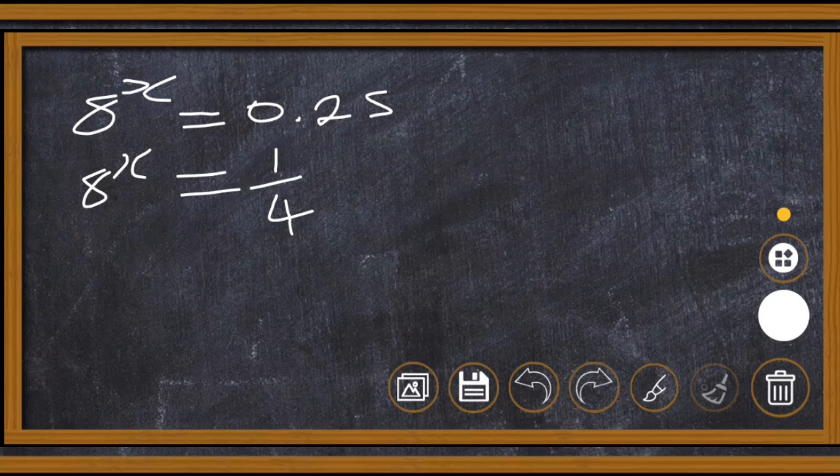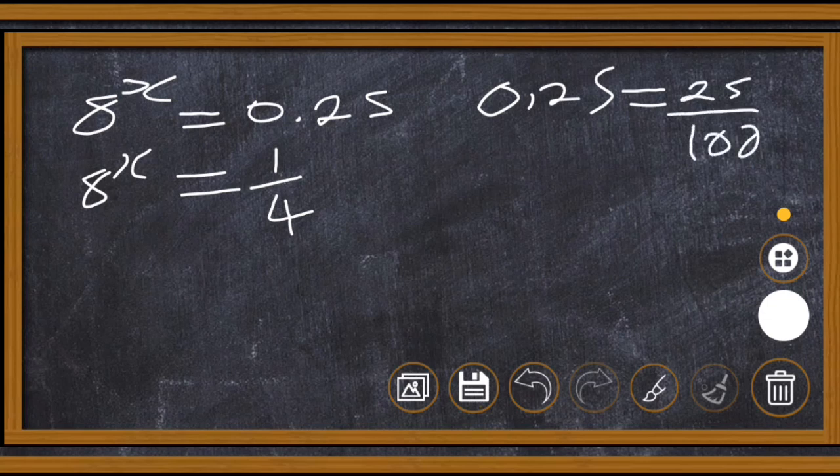So for some of you who would want to know how this came about, we know that 0.25 is the same as 25 over 100. So what you do here is you get the significant values, and the significant value starts from 1. So the significant values we have here are what? 2 and 5. That's why I've written 25.